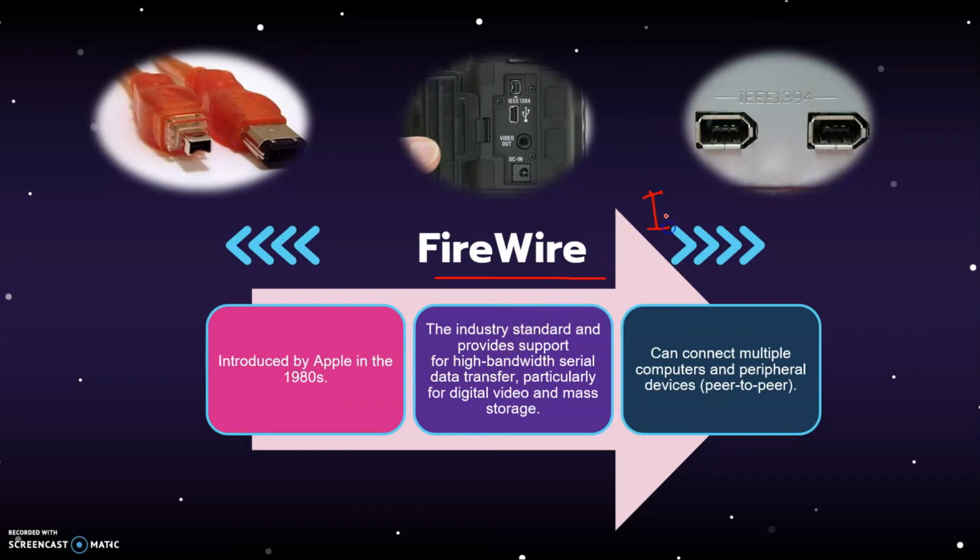So if you have a video camera and you want files to be transferred faster, you can use Firewire. But in some computers nowadays, I think USB is just enough, because this is not a cable you usually find these days.